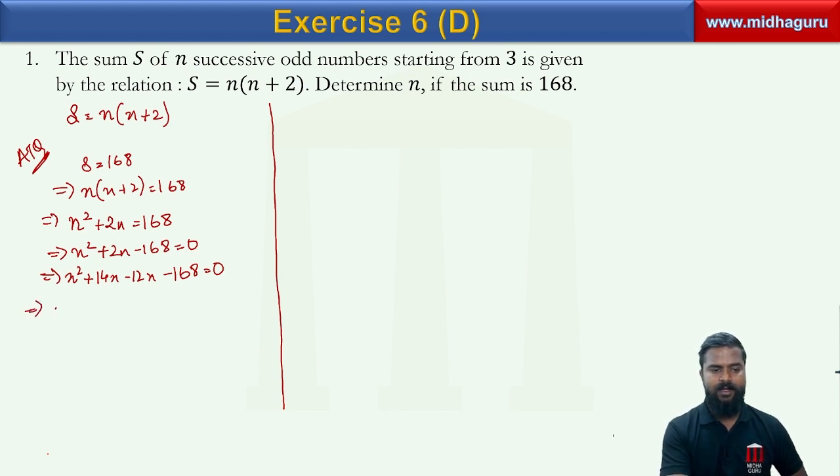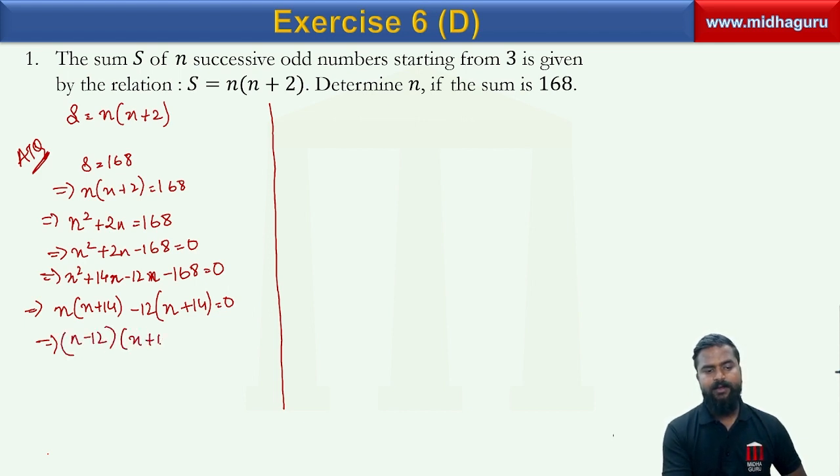Sorry, these are all in n. I'm writing them down as x, my bad. So n. So taking n as common here, we get n plus 14. Then we take minus 12 as common. Again, we get n plus 14. So now n minus 12 into n plus 14 is equal to 0. n is equal to 12 or n is equal to minus 14.